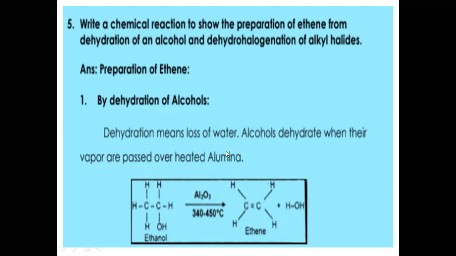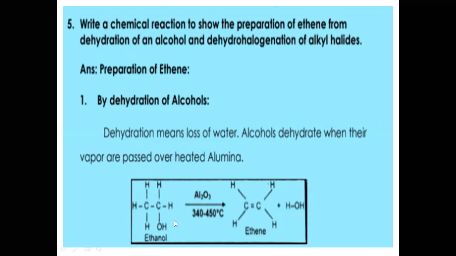Dehydration means loss of water, and alcohols dehydrate when their vapors are passed over heated alumina. Although I told you that there are some other dehydrating agents as well which can help in the removal of water from alcohols, in this case we are using alumina. Al2O3 is called aluminium oxide, or also alumina, at 340 to 450 degrees centigrade.